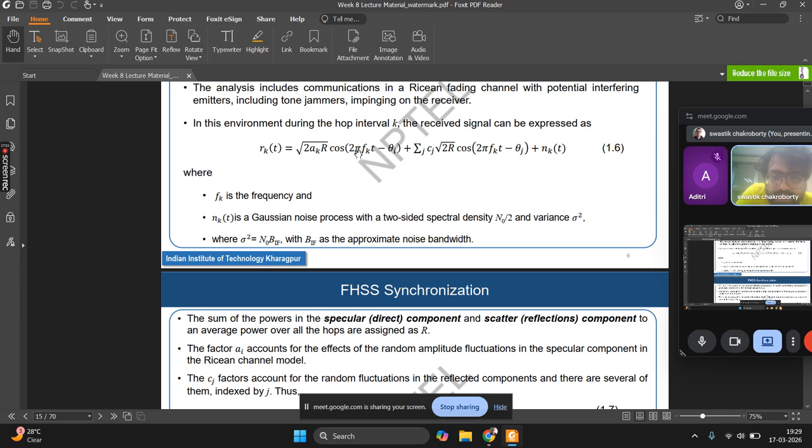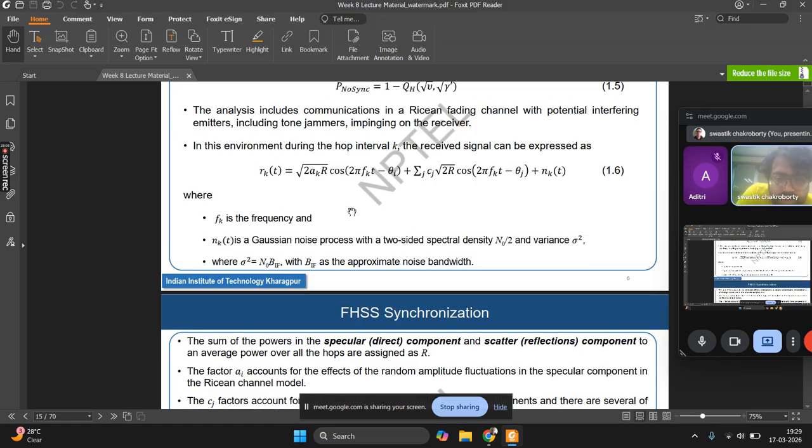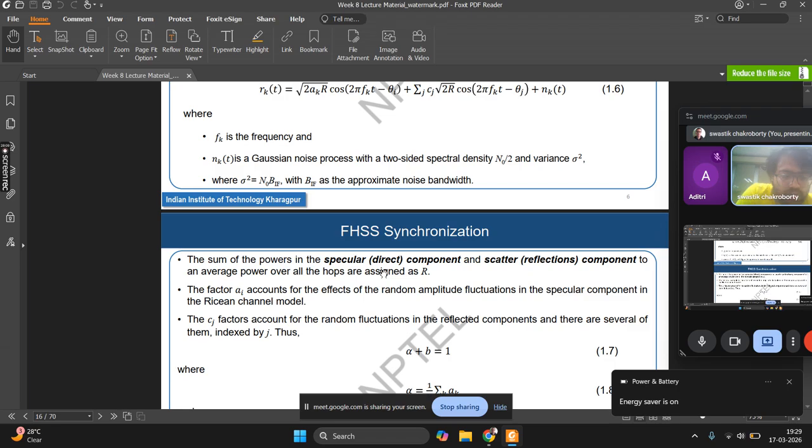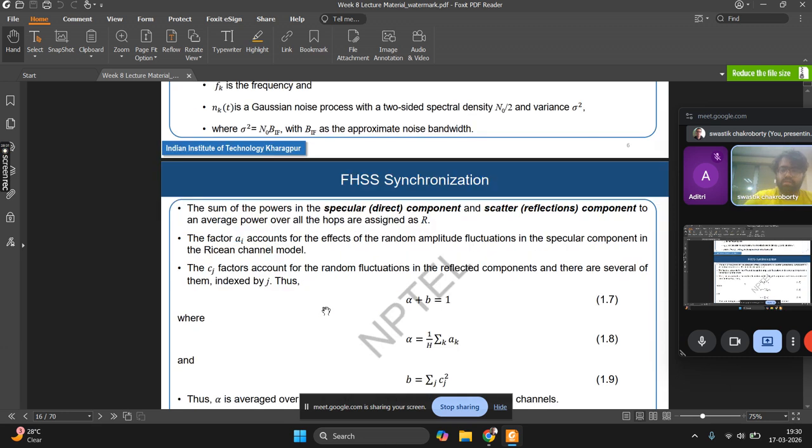So here we have split the signal into two parts. One is the LOS part and another is the non-line of sight part. So the direct component and the reflection component. The factor AI accounts for the direct component.